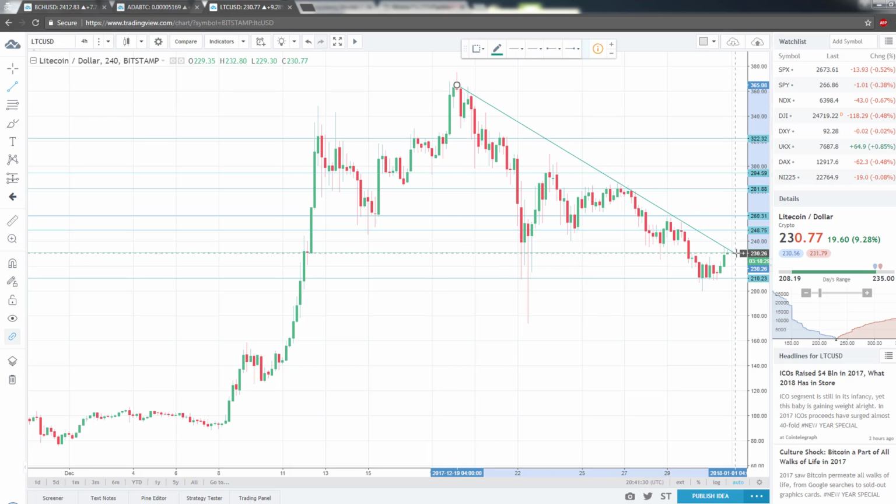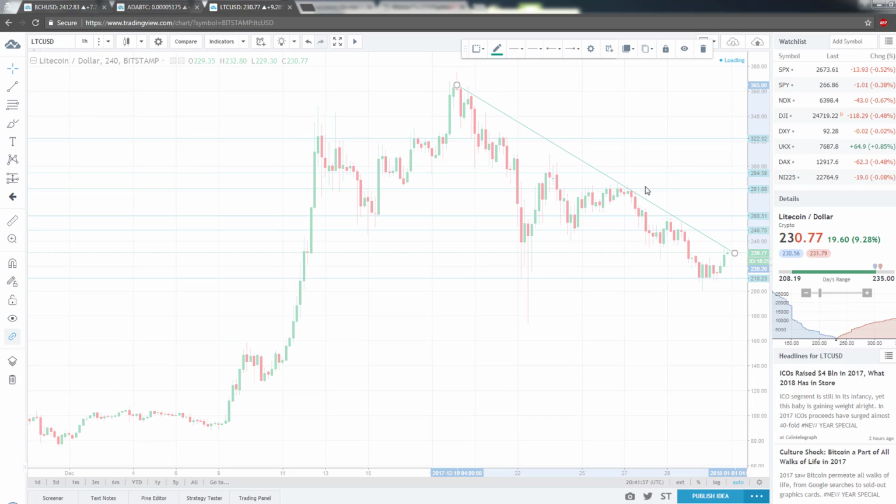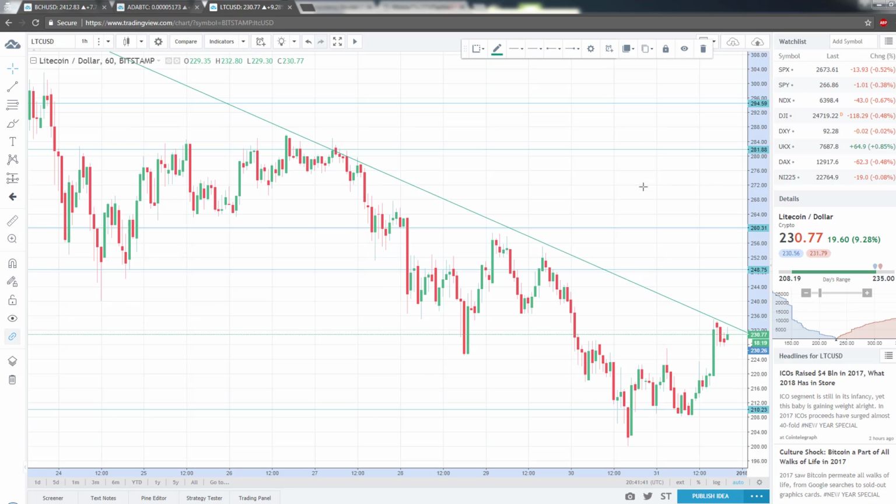Alright, let's go on the hourly chart and see what that looks like. Okay, so price has resisted and is looking to go up again, maybe, who knows.